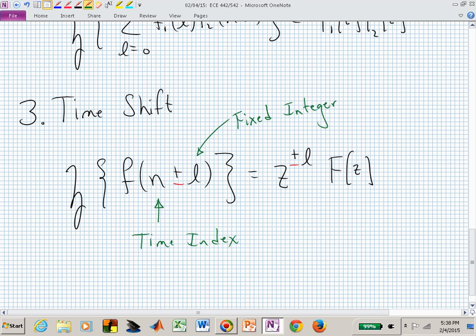Maybe that's 1, maybe that's 2, but you've been using that to go back and forth between the time domain and the frequency domain. When you have linear difference equations, you now convert that into the frequency domain by scaling or multiplying by z to the appropriate power of delays or advances in the time domain.